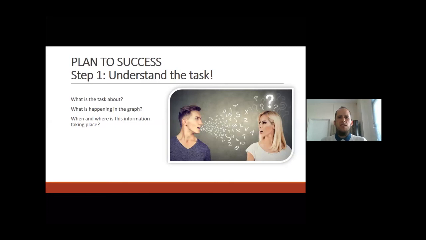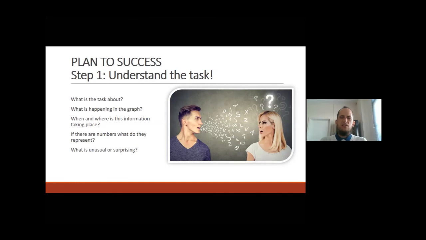Then we want to have a look at some dates, some times, when and where this information is taking place. The numbers, what do they mean? And lastly, what's unusual or surprising about this task?